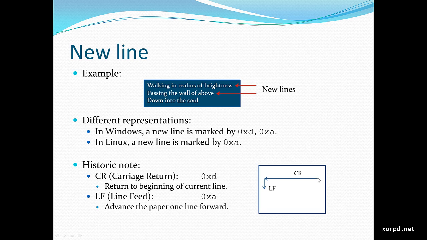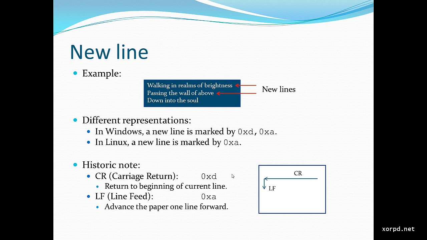Basically, we get from here, which is the end of the previous line, to the beginning of the new line. So, historically, this sequence means go to the beginning of the line, and then go to the next line, which is just a new line.